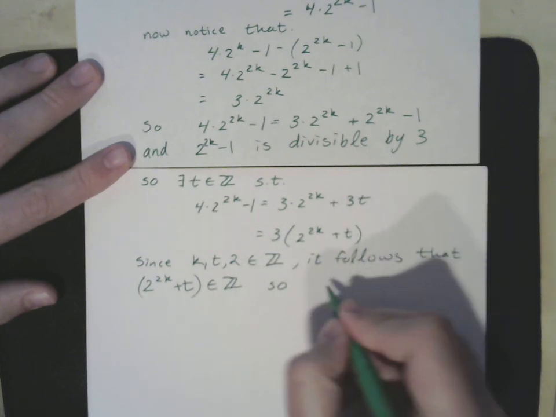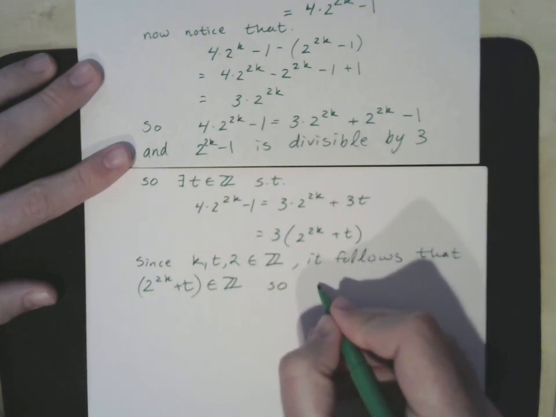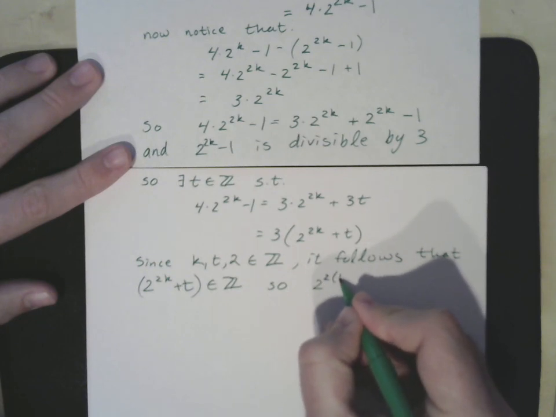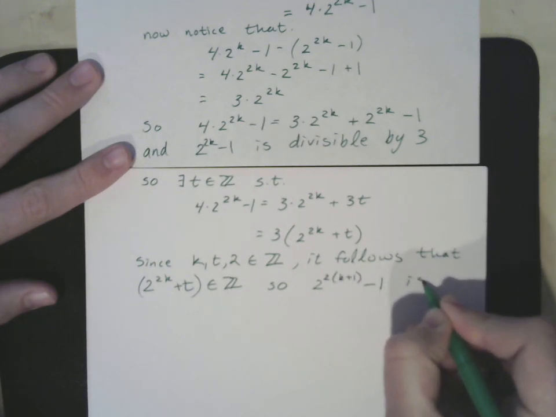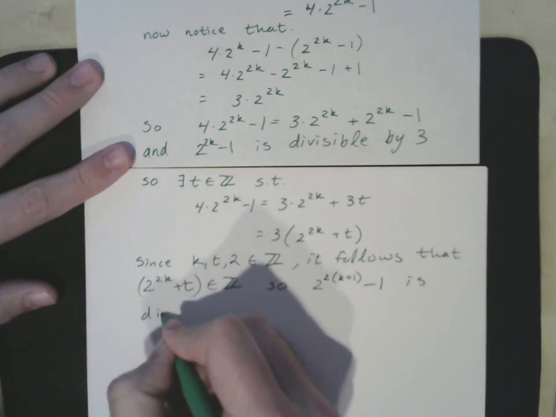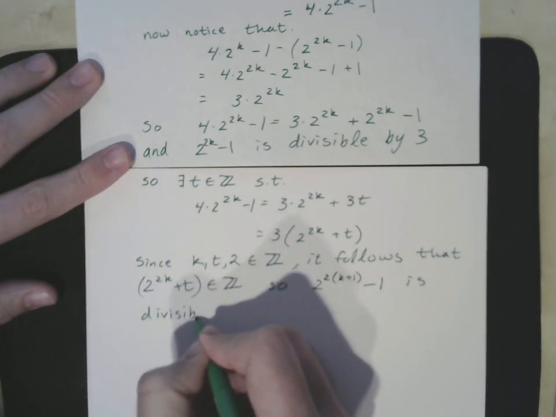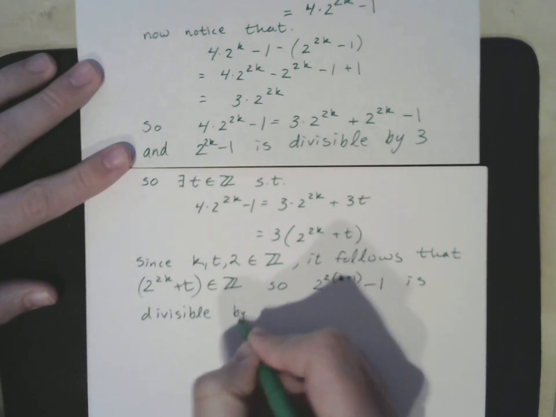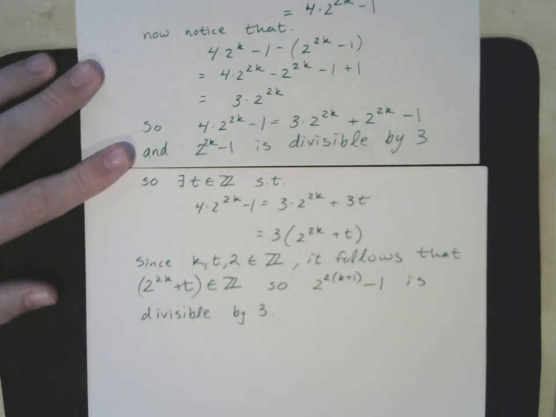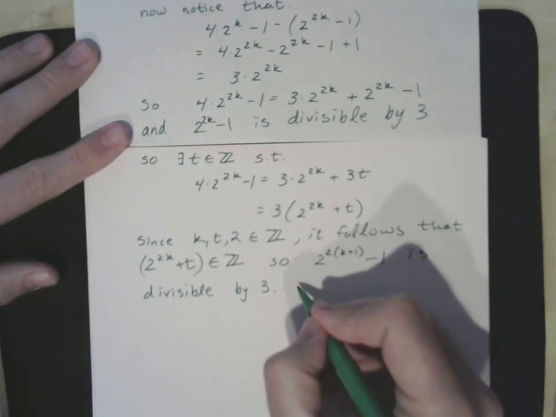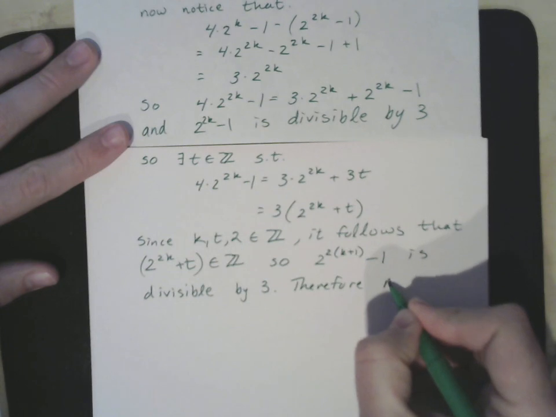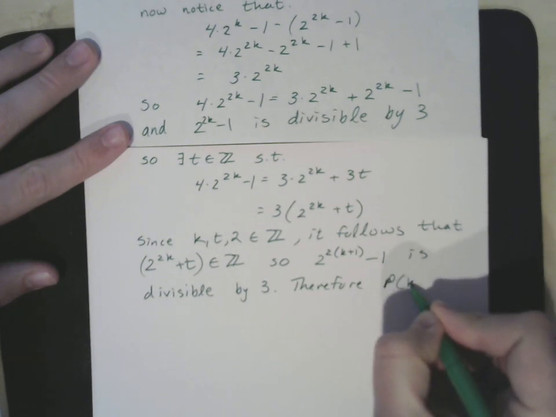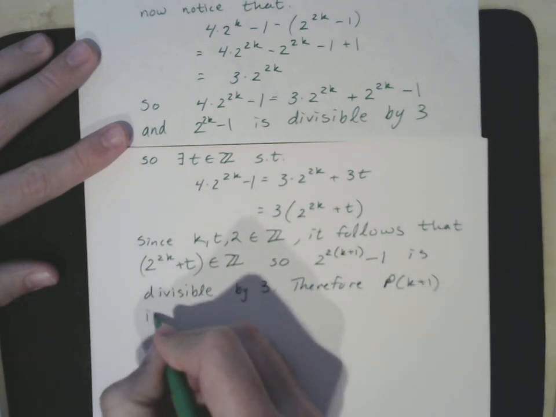So 2 to the 2 times k plus 1 minus 1 is divisible by 3. And therefore P of k plus 1 is true.